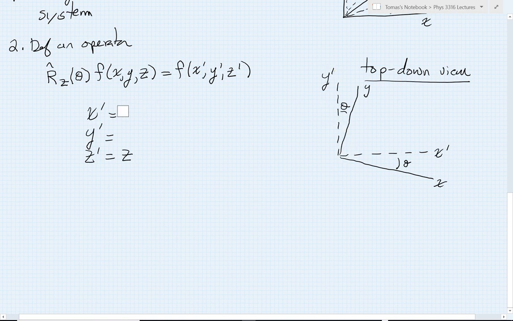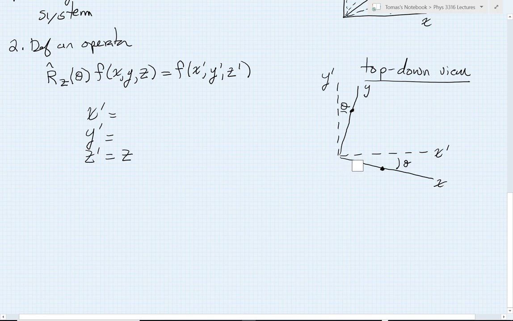And I'm sure you all have done this type of coordinate rotation before. So here's a quick shorthand for making sure you write down things properly. The easiest way to do this is to think about what happens first to a point on the x-axis, and then figure out what happens to a point on the y-axis. If you get those two points correct, then you will be able to get the transformation for any point in general.